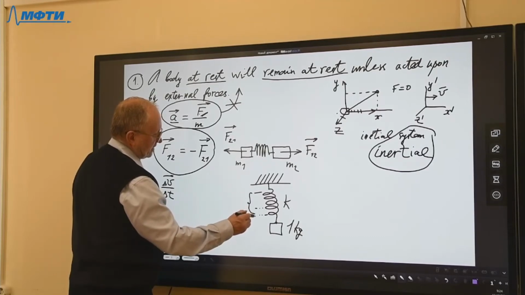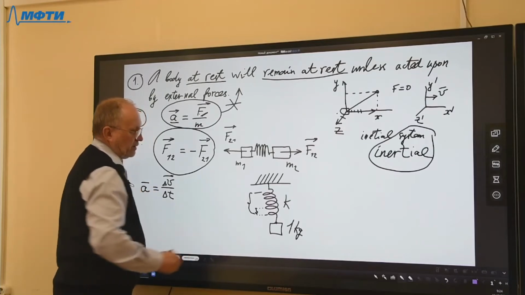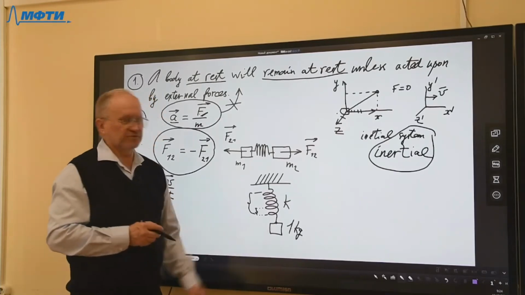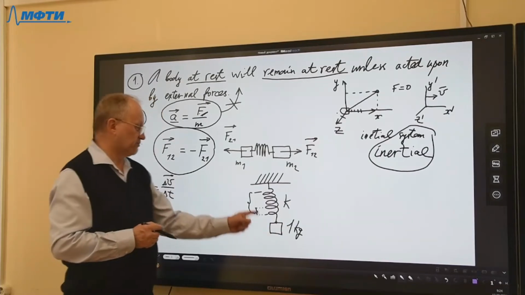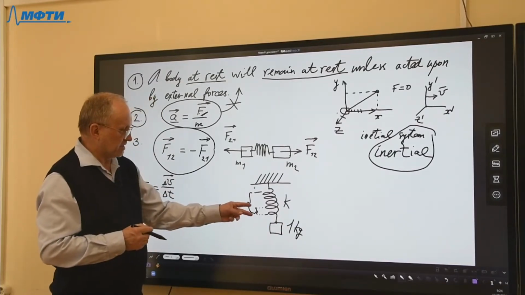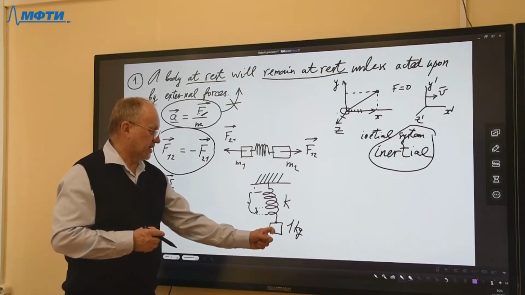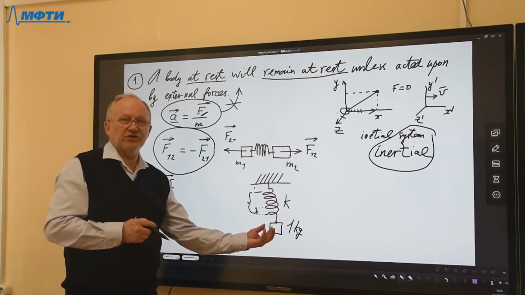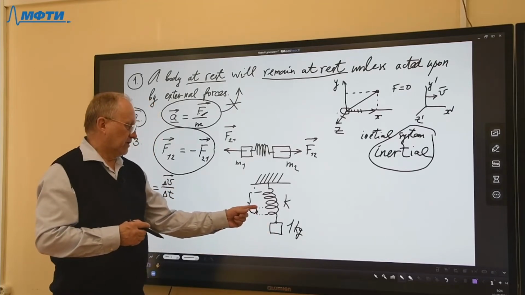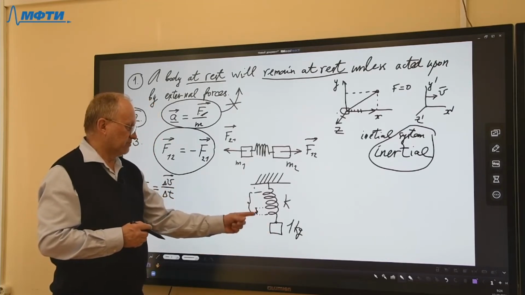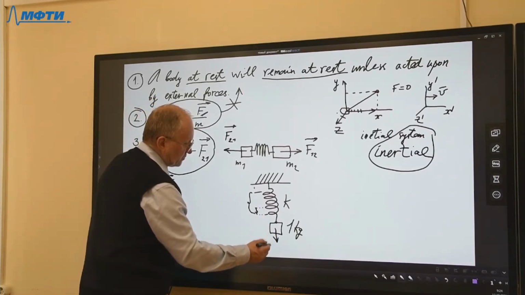By the elongation of the spring, you can measure the mass of the body which is attached here. If you attach a 1 kilogram body, then the spring will be elongated by some distance. But if you attach here a body of an unknown mass, then the elongation of the spring will be different, but it will always be related to the weight of the body.